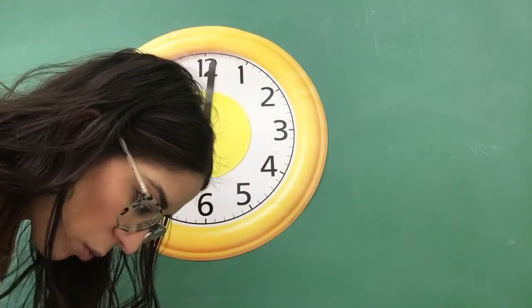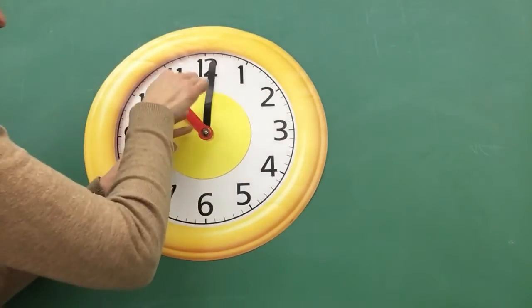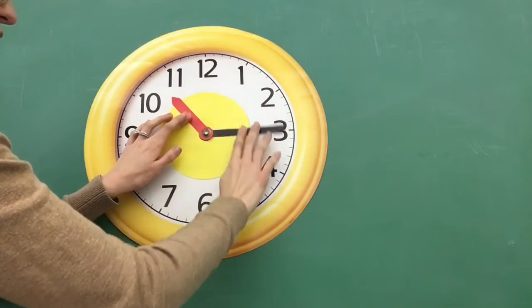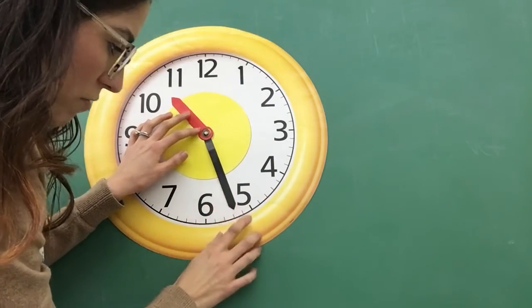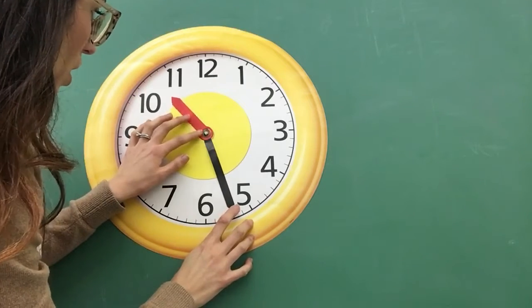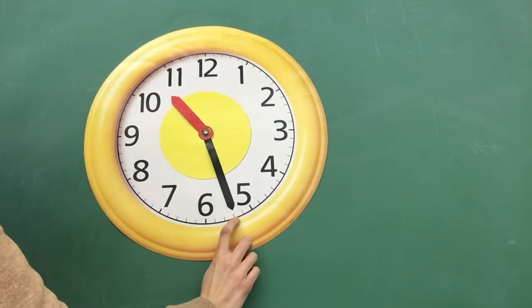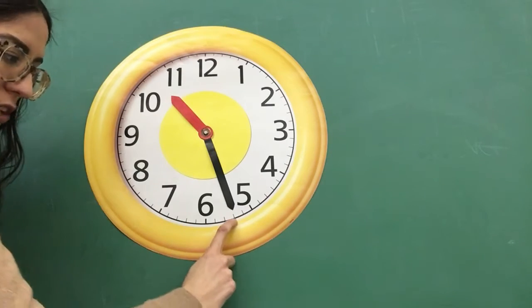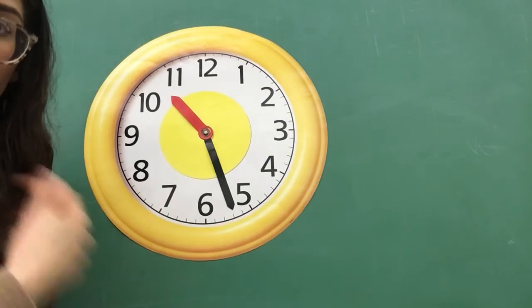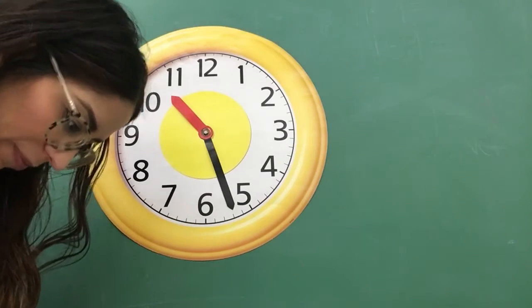So we're going to do another one. Let's do the same. I won't move the hour hand, but let's move this 2 over the 5. So the 5 line is here, and then there's another line and another line, okay? So what time does that say?